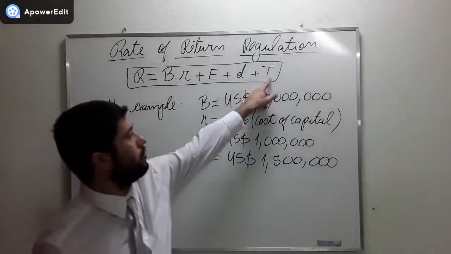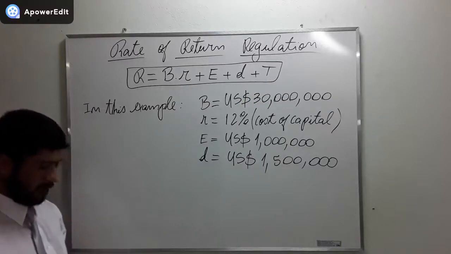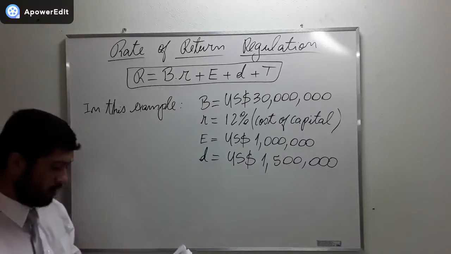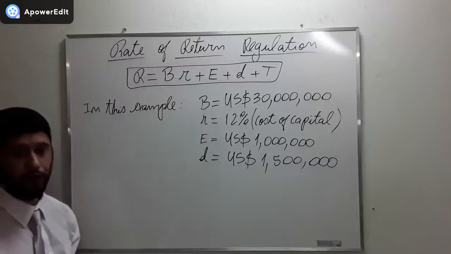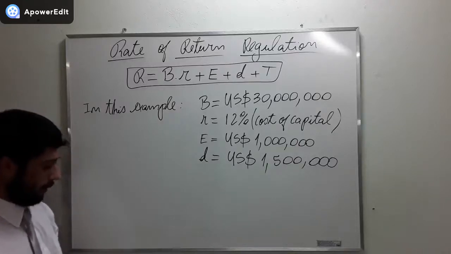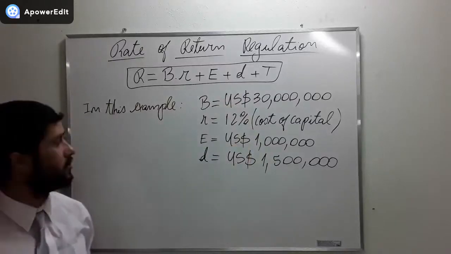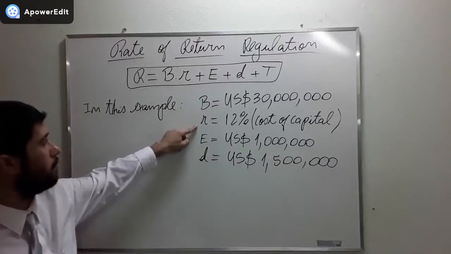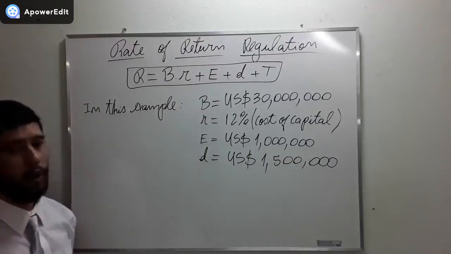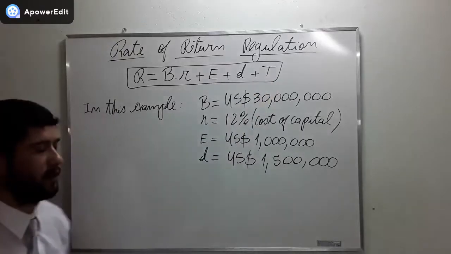And T is the income tax, defined as all taxes not counted as operating expenses and not directly charged to consumers. If you see the expression here, the exercise gave us B, r, E, and D. We need then to calculate only T, the income tax.